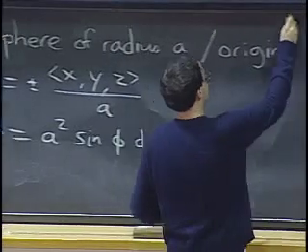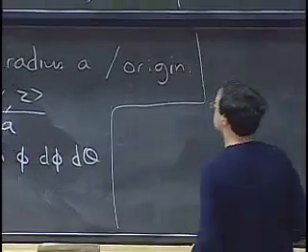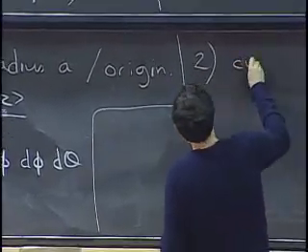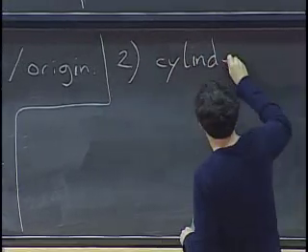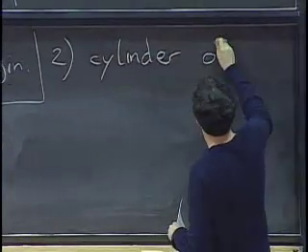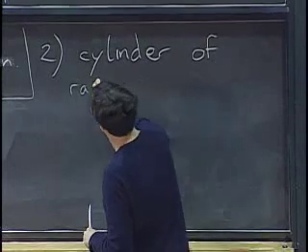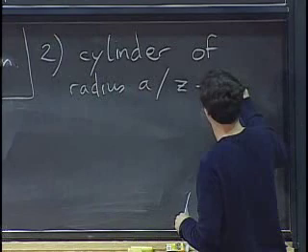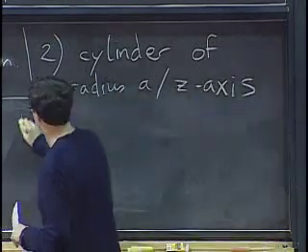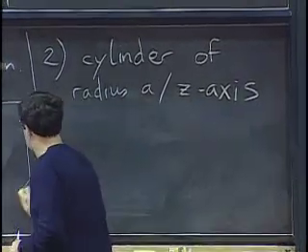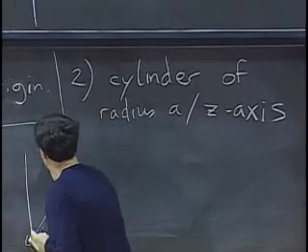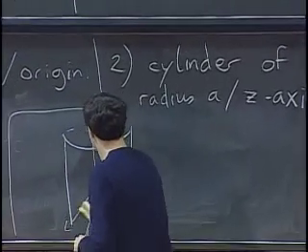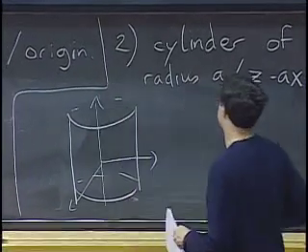Okay, so that's one we've seen. Let's say I have a close cousin: a cylinder of radius a centered on the z-axis. Okay, so what does that look like? And when I say a cylinder, it could be a piece of a cylinder.